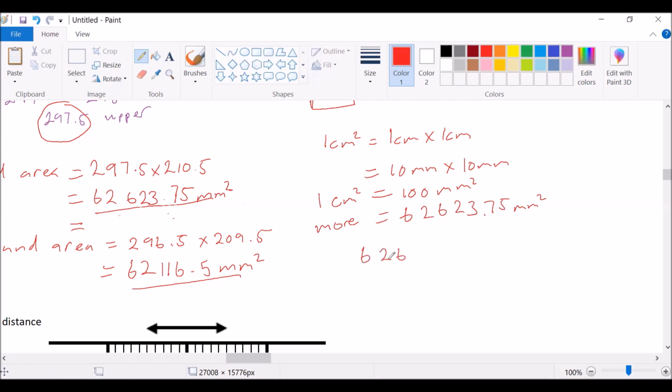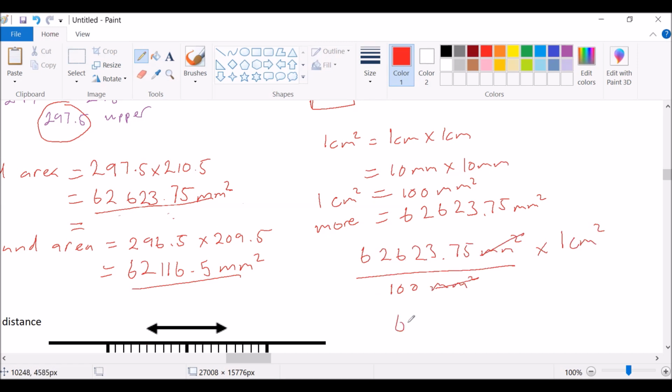So we have 62,623.75 square millimeters over 100 square millimeters times 1 square centimeter. So millimeters cancel out. 100 into 62,623.75. We'll move the decimal comma 2 times to the left.